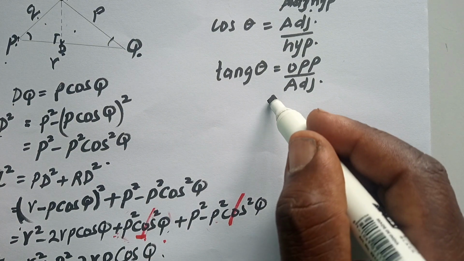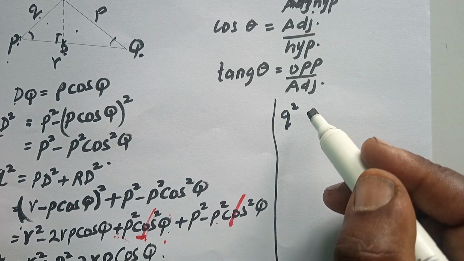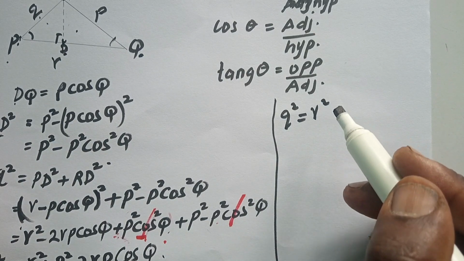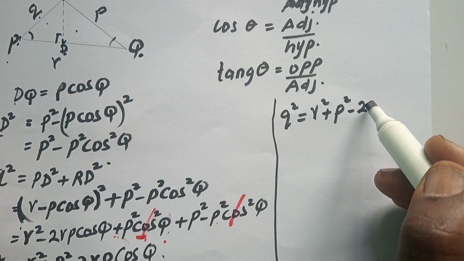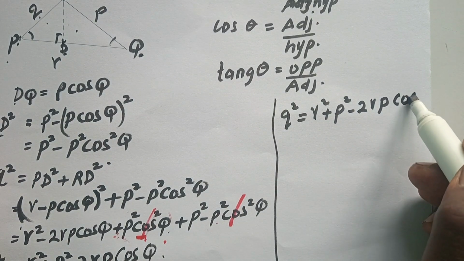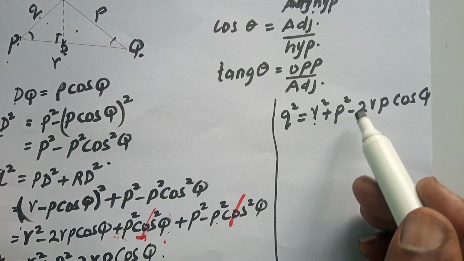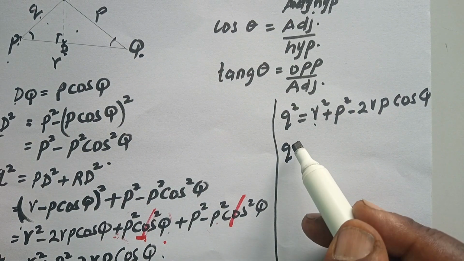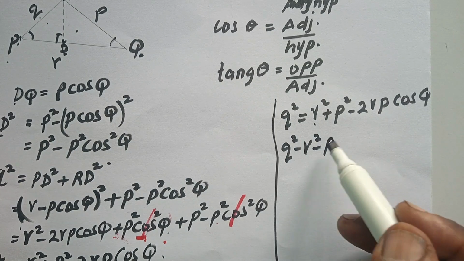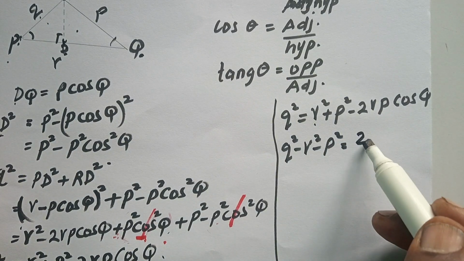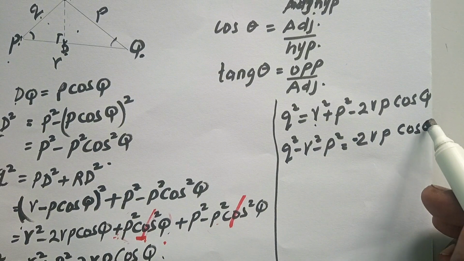Q squared is equals to R squared plus P squared minus 2RP cos Q. And then we take this to the other side and we say Q squared minus R squared minus P squared is equals to minus 2RP cos Q.